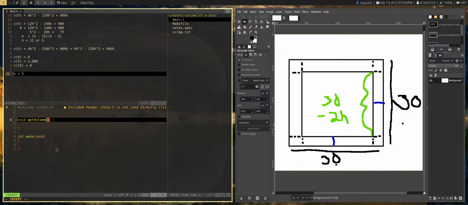We're going to have our extent, an unsigned int extent, because it won't be less than 0. And then an unsigned int length, because h is actually more like the length, if that makes any sense. Let's call it length.